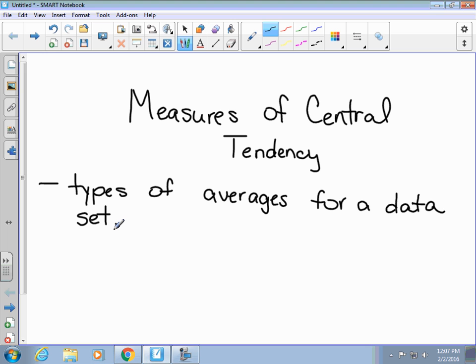Collecting a group of numbers from maybe a survey they've taken, salaries. They've come up with some way to group these numbers. But that's what they mean when they say data. Good?